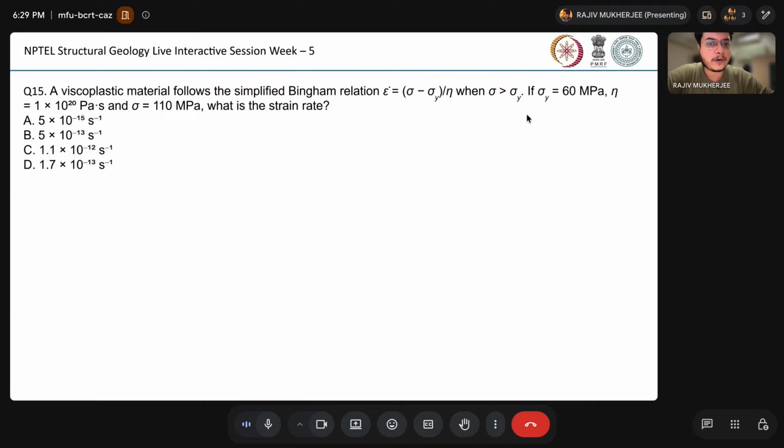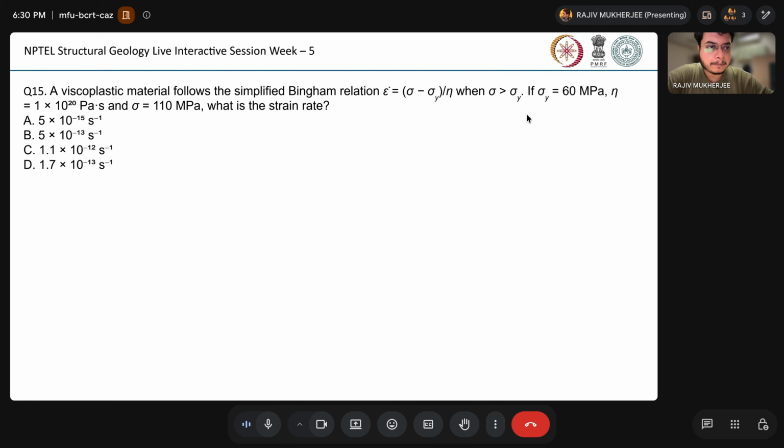So we are essentially talking about the flow stress, right? So if sigma y is 60 megapascal and the viscosity is 10 to the power 20 pascal second, and the normal stress is 110 megapascal, what will be the strain rate?